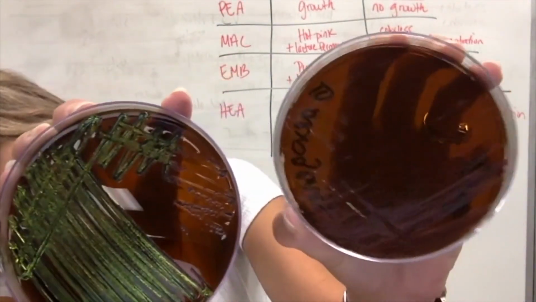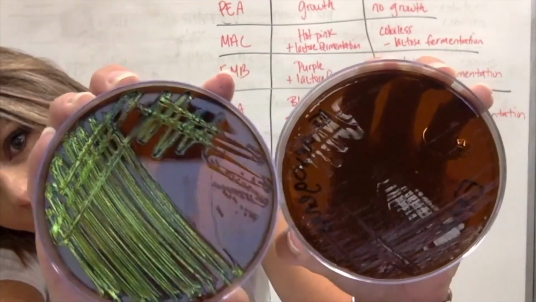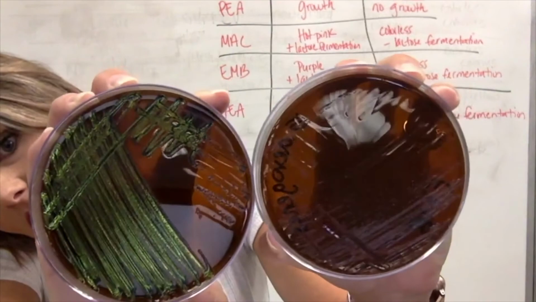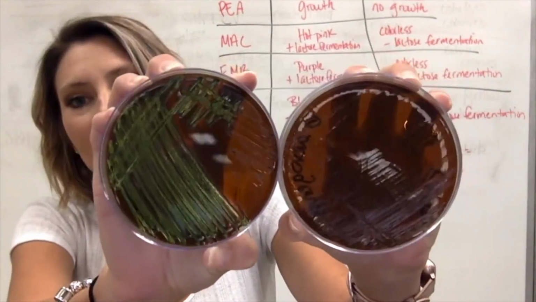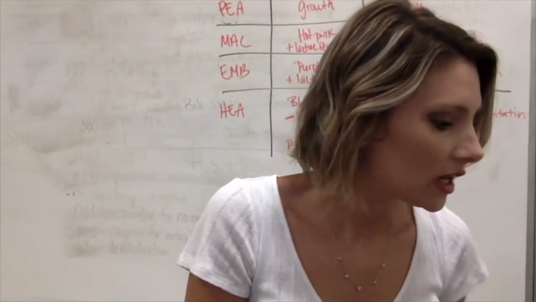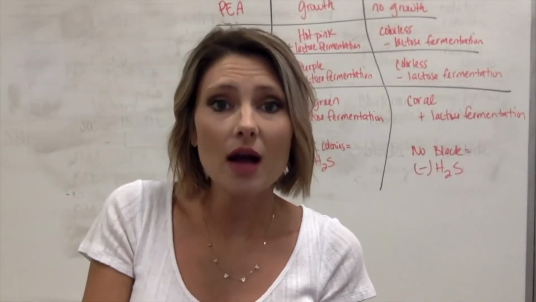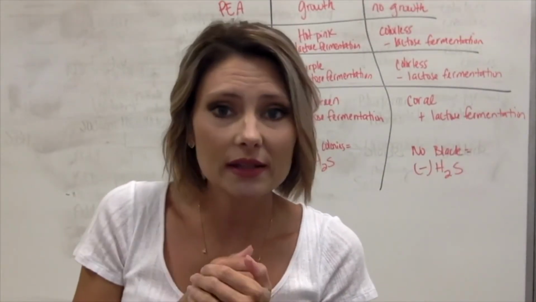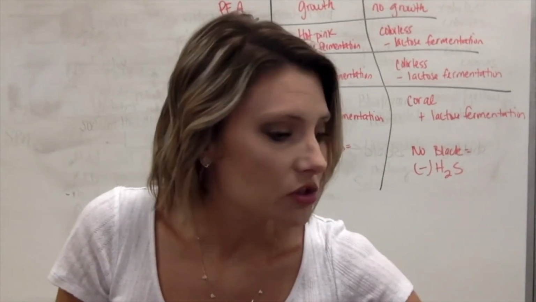This is the purple. This is the E. coli. It's very in your face, bright green sheen. So that's my E. coli, my positive for EMB. If you were to see an EMB plate and it has the purple colonies and this green sheen, you immediately know that that's going to be E. coli or a strain of E. coli. That's what's so cool about EMB.